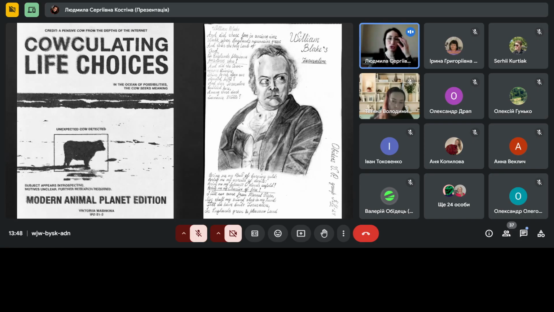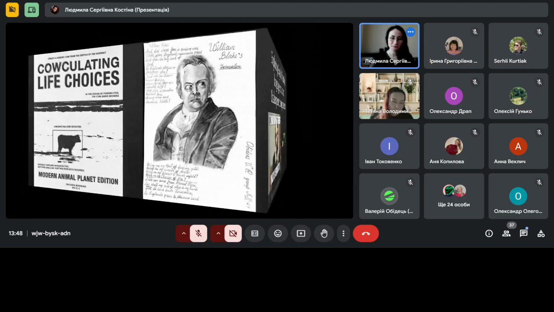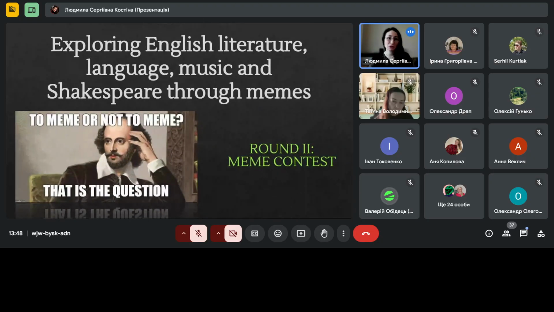Well, you have to choose from 12 memes. Not all of them, but only 12. One moment, please. So, round number 2, meme contest. Your task is also to bear a meme number in mind. So remember a meme number, please, to vote.